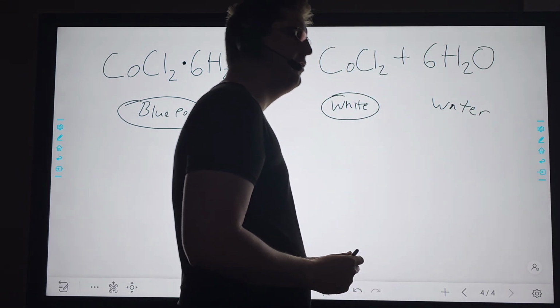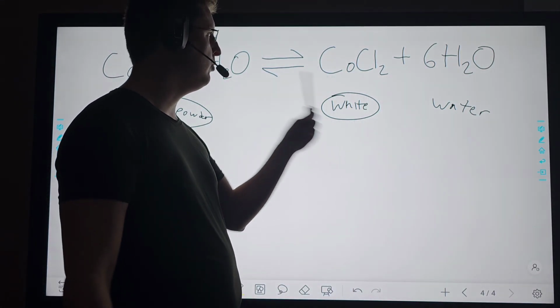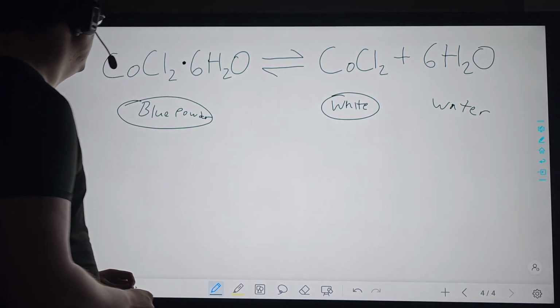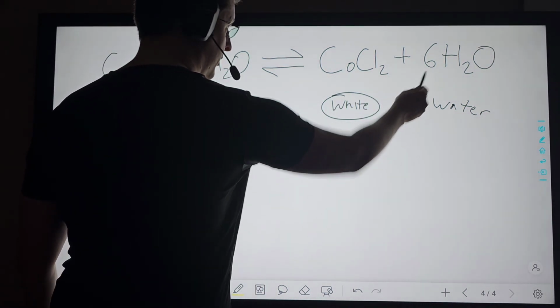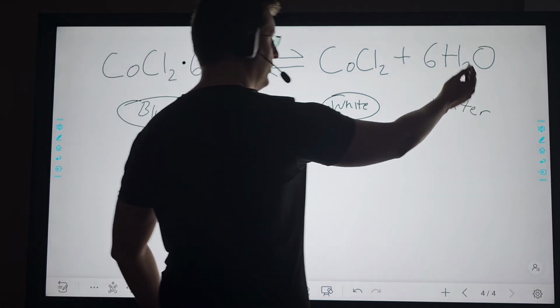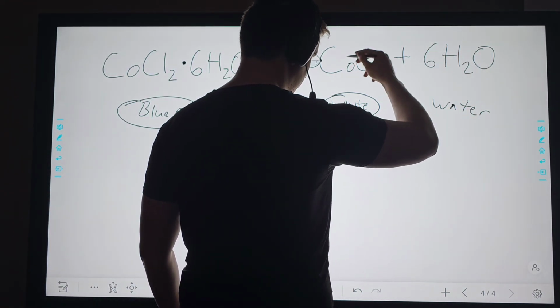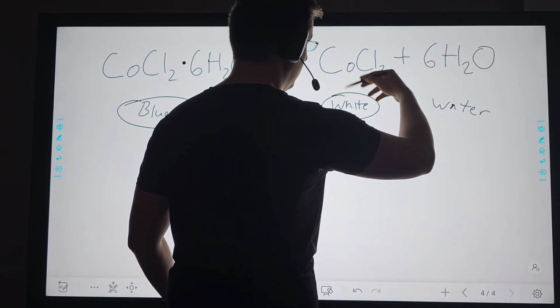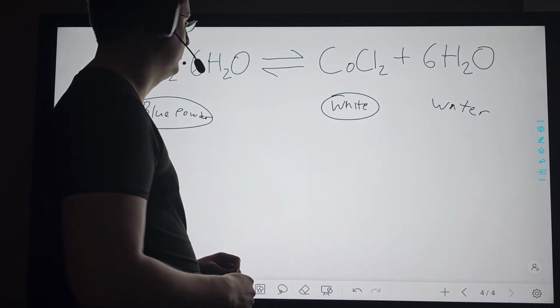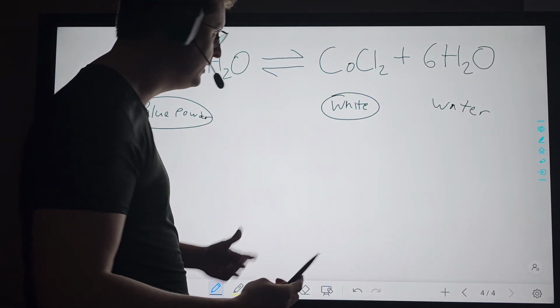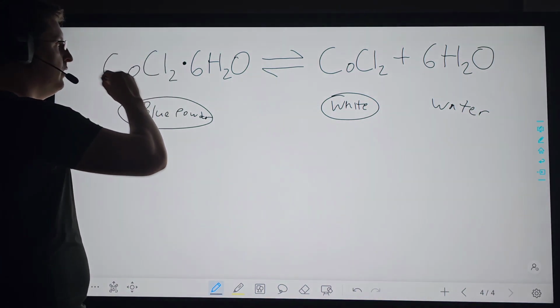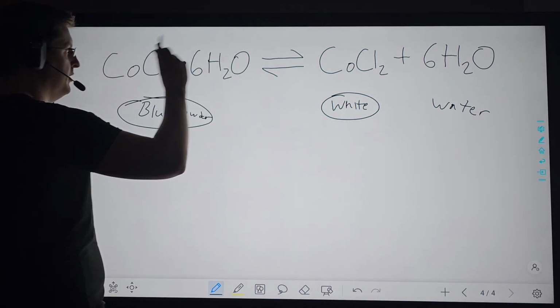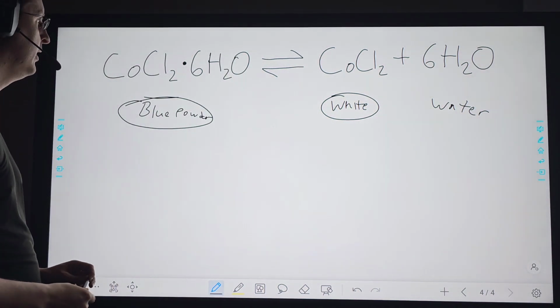We can make this reaction go either way if we add water. So if we increase the concentration of water when there's cobalt chloride present, what did we just say about how concentration affects it? Yes, okay, it's going to favor the hydrated direction of the reaction, okay?